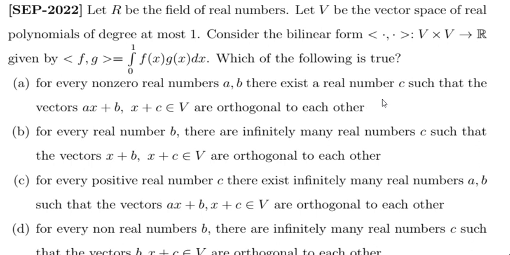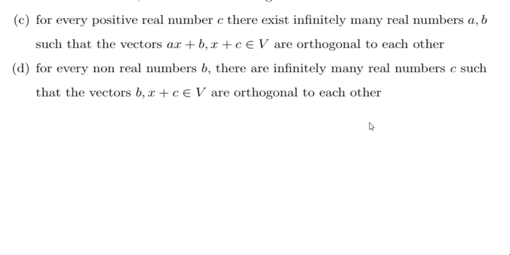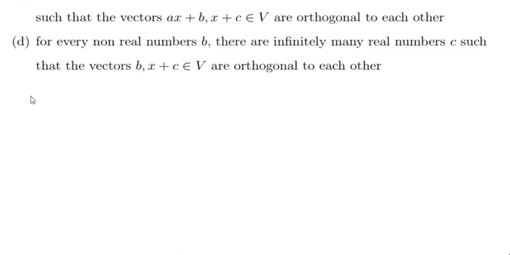So we know the condition to check orthogonality. The condition for orthogonality is that the inner product of f comma g is equal to 0. Now we will work out the first option and check whether it is correct or not.